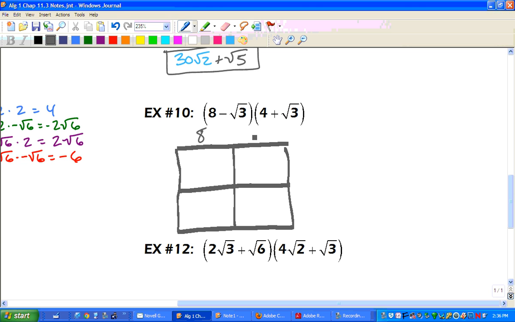It doesn't matter which one goes where, so 8 and negative root 3, and 4 and positive root 3. 4 times 8 is 32. 4 times negative root 3 is negative 4 root 3. 8 times root 3 is positive 8 root 3. And positive root 3 times negative root 3 is negative 3. Okay?